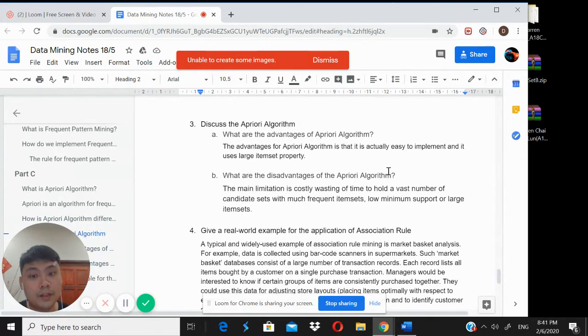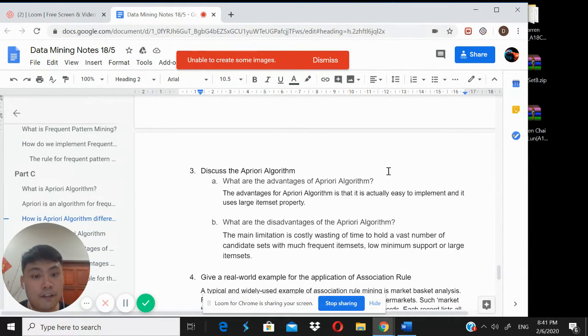Okay, so we'll go for the advantages and disadvantages of the a priori algorithm. The advantages of the a priori algorithm is that it is actually easy to implement and it uses the large item set property. One good thing is that the a priori algorithm is effective, especially when dealing with large data sets.